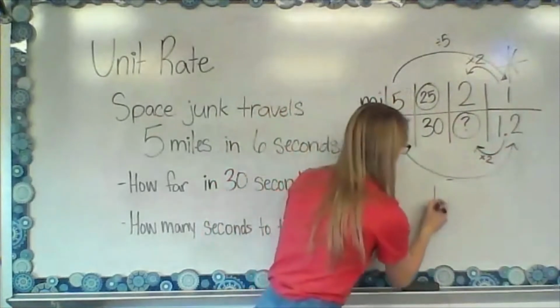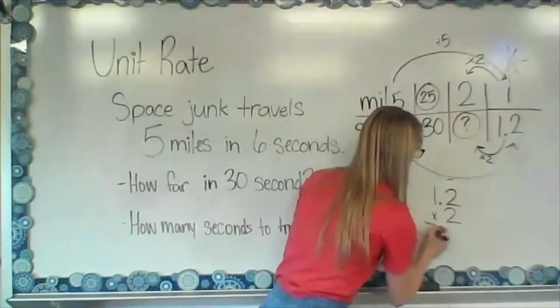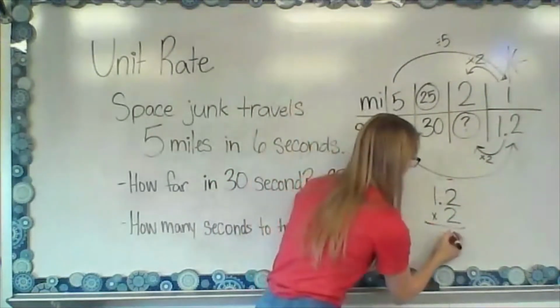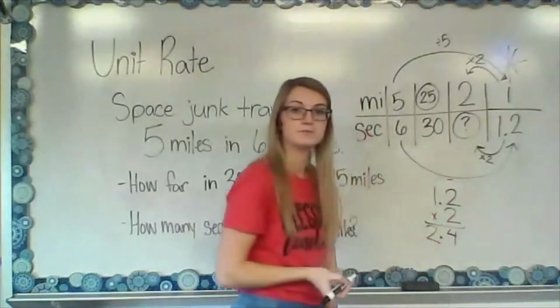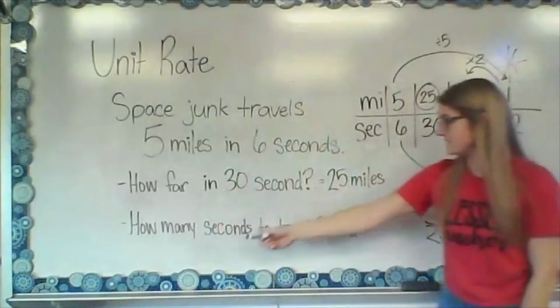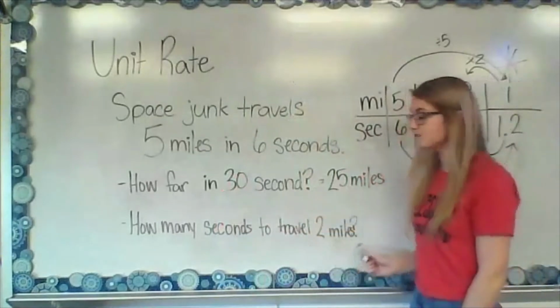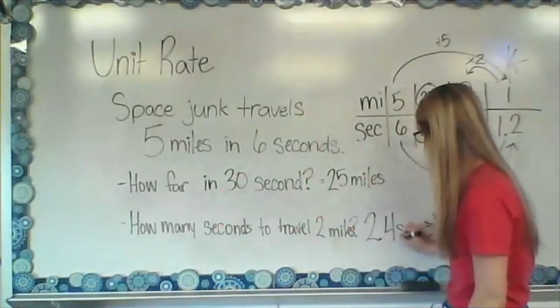So 1 and 2/10 times 2. 2 times 2 is 4. 2 times 1 is 2. 2 and 4/10. All right, so how many seconds is it going to take to travel 2 miles? 2 and 4/10 of a second.